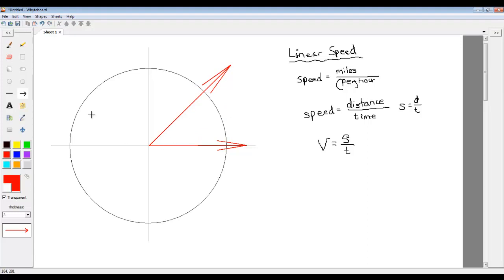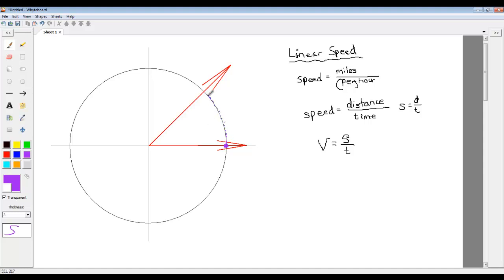Okay, let's say we have this angle here, and we want to talk about a point on the circle moving around. So let's say we have this point right here, and then we want to see what's happening as it moves on the circle.